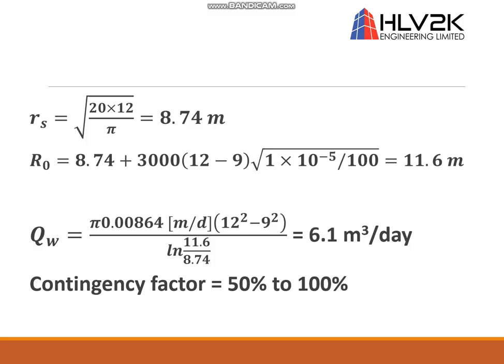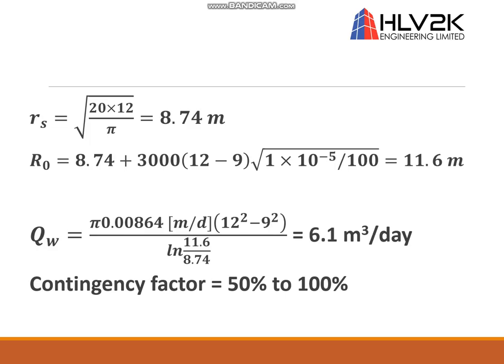As I mentioned, hydraulic conductivity must be in meters per second. So it will be 11.6 meters. And by substituting into the unconfined equation, the dewatering rate for this example will be 6.1 cubic meters per day.